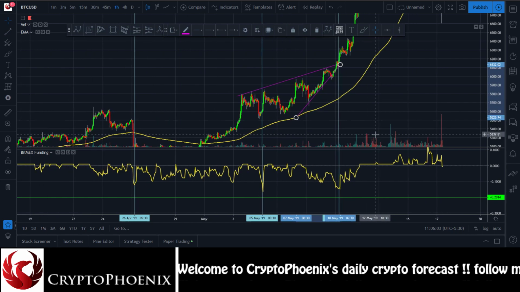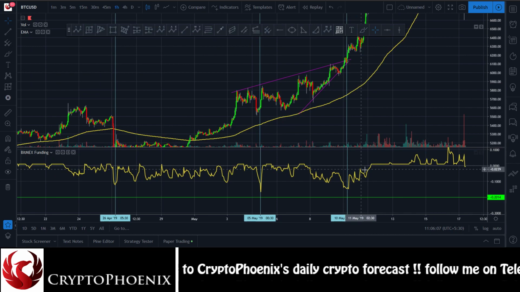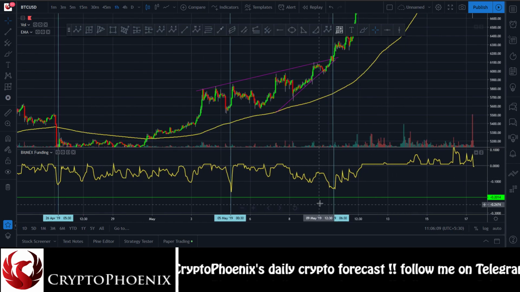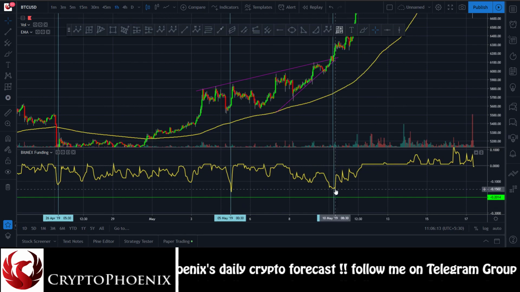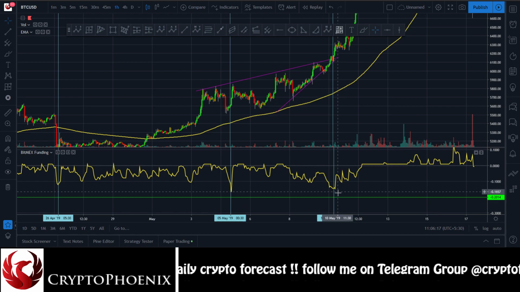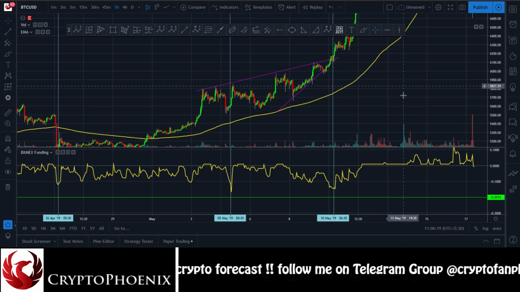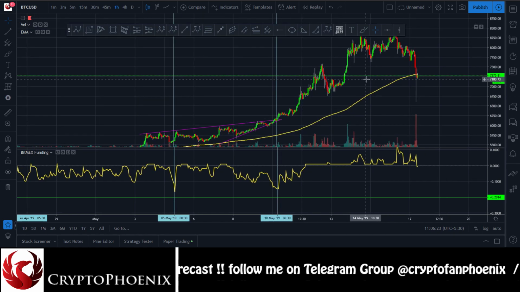So I just combined and looked at the indicator, and you can see the funding rate was again so highly negative. So most of the traders are in short position, and it pumped, and it continued to pump right here.